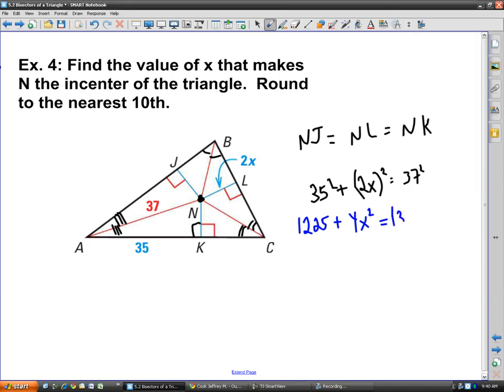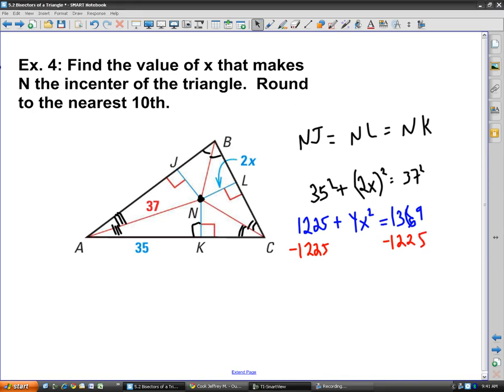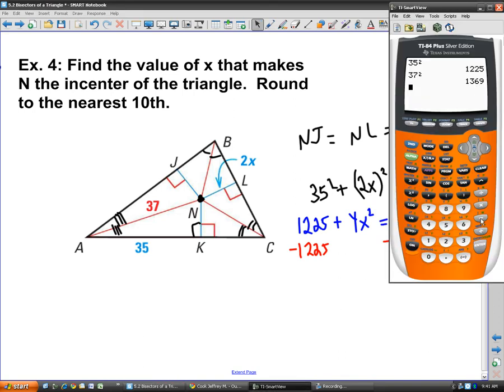And so now, solving it algebraically, I'm going to subtract 1225 across the equal sign. So now I've got to go back to my calculator here. I'm going to take that 1369 and say minus 1225. And so I get 144. All right. So that means that 4x squared equals 144.